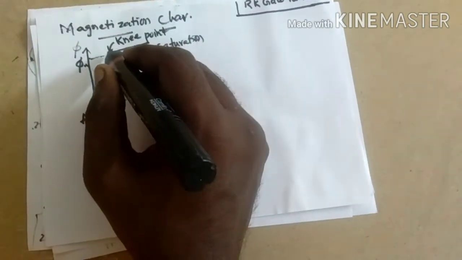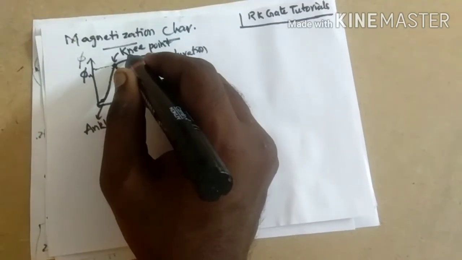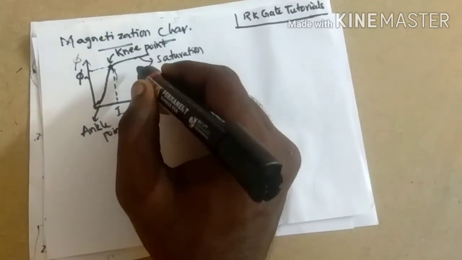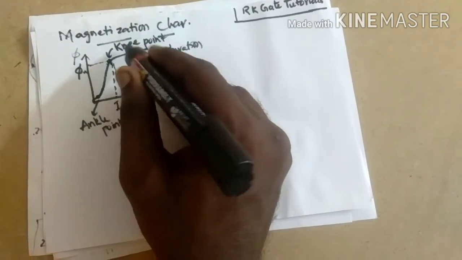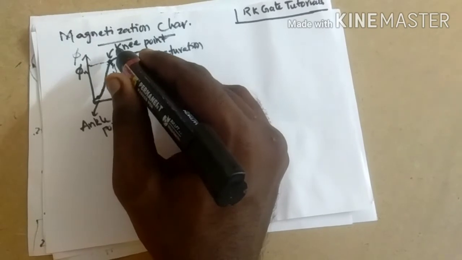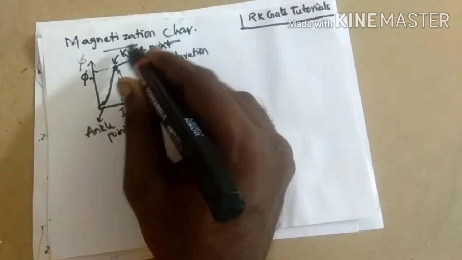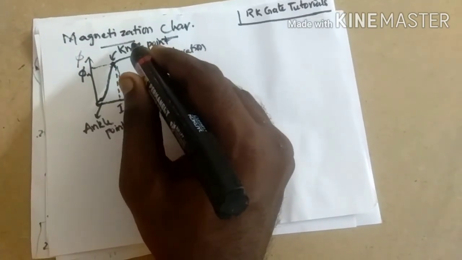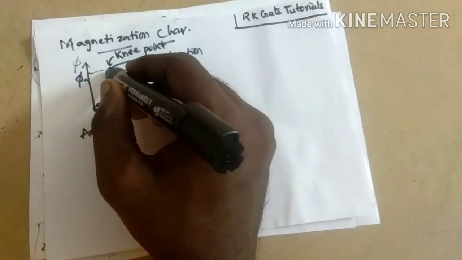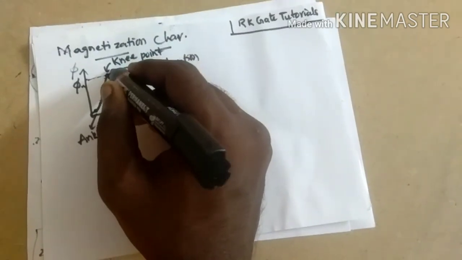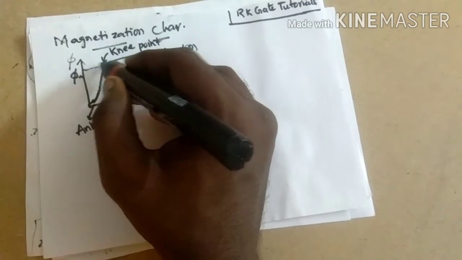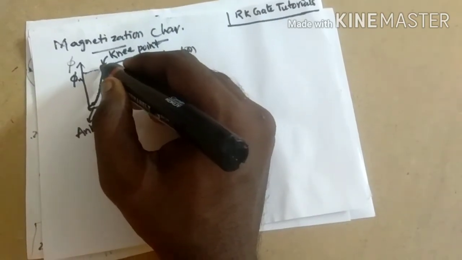You understand why? If it crosses, what happens? The flux does not link much, so it will give the wrong reading, because the flux may not increase in the secondary side. It will keep on measuring the same. Let us say 1 ampere, 2, 3, 4, 5 amperes. If the current increases to 6, 7, 8, 9, the flux produced will be the same, so it keeps on giving just 5 amps.